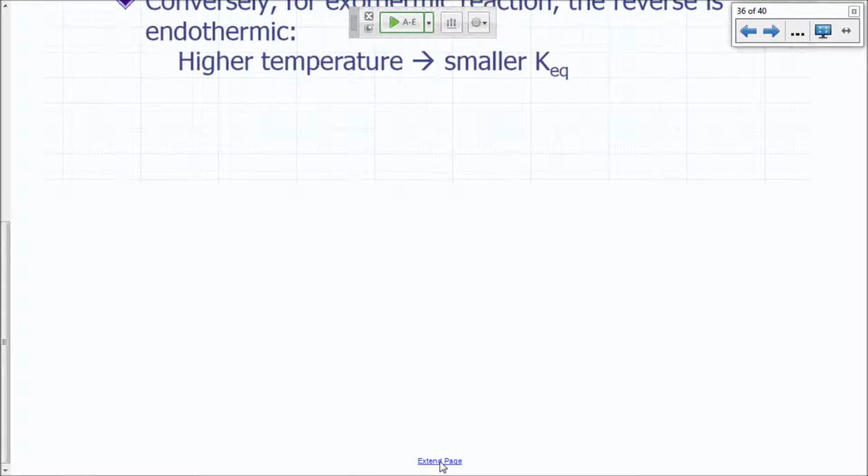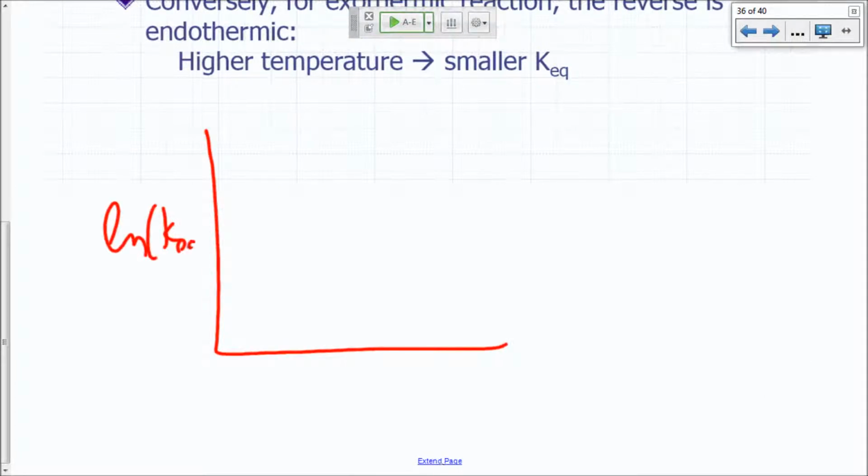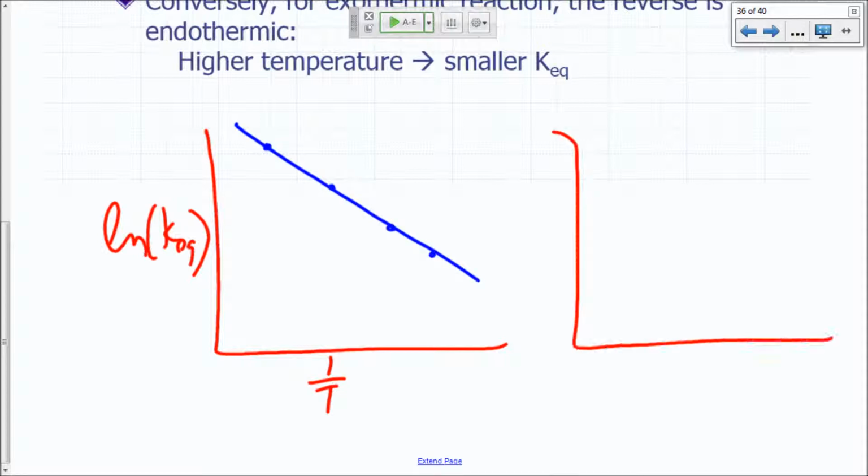So if I were to plot that, what would I get? Well, 2 possibilities. Natural log of KEQ versus 1 over T. Either I get a graph that looks like this, or I get a graph of ln KEQ versus 1 over T that looks like this.